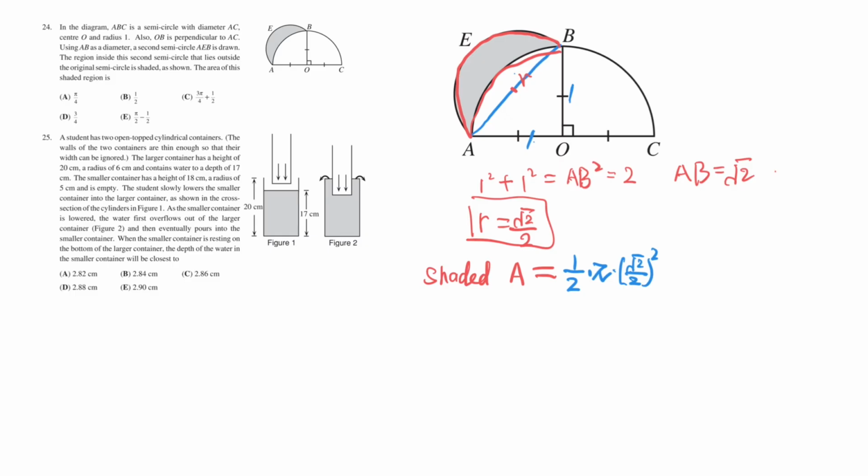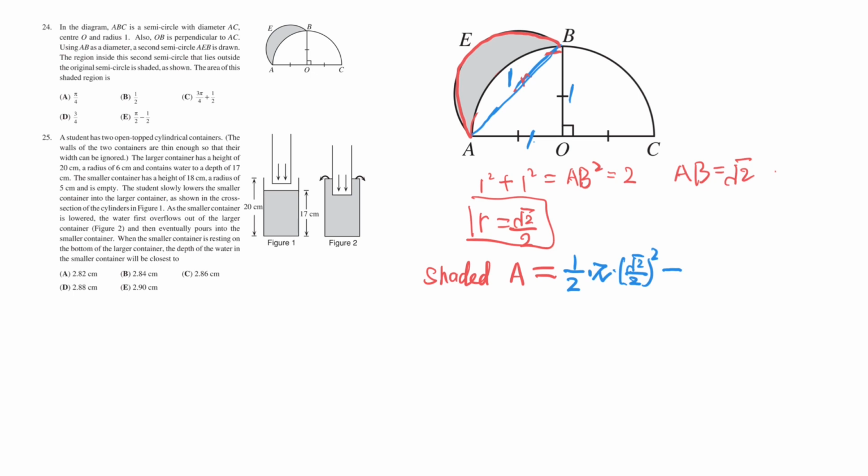That's the second semicircle's area. Shaded area equals semicircle area minus the white part area. If I label the region as region 1, minus region 1.